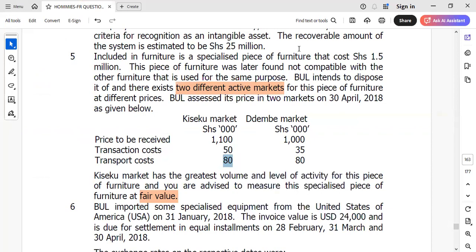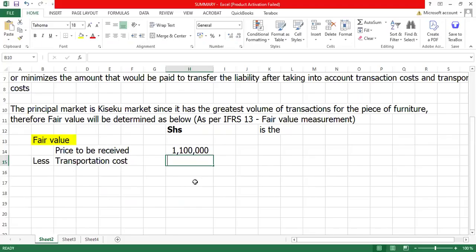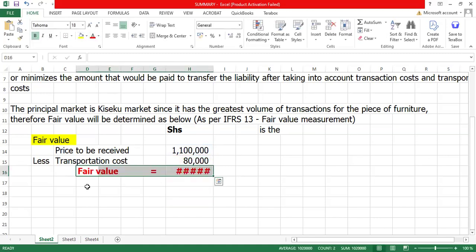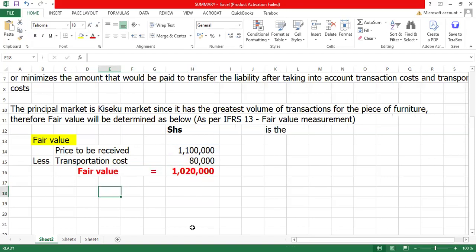So that's what you're going to record here. So finally, you will get the fair value of this furniture. You simply get this figure, then you subtract 80,000. That will be your fair value.